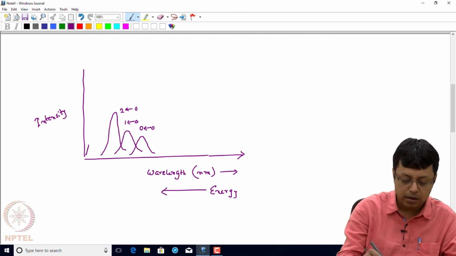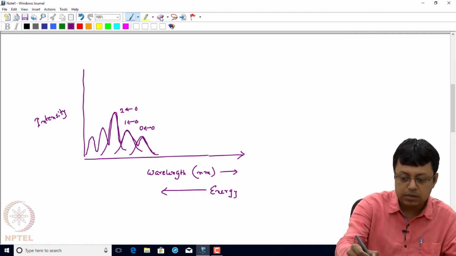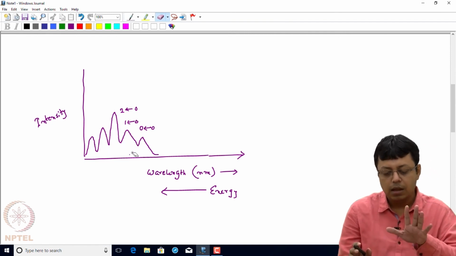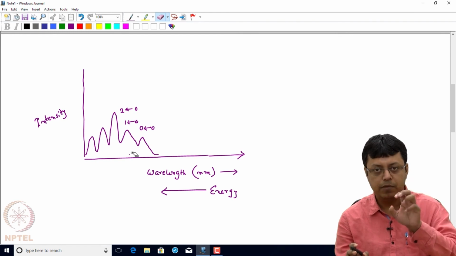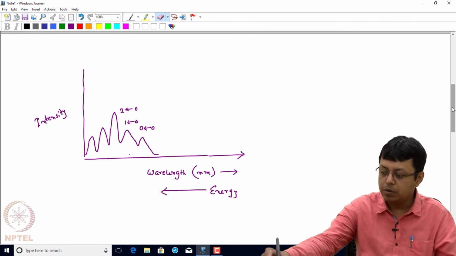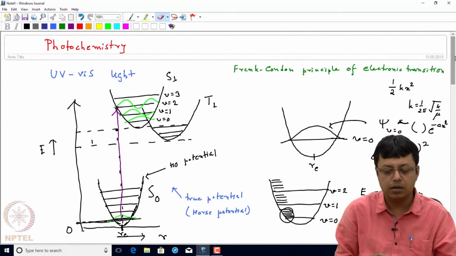So it will have a structure like this, and it's a very characteristic vibrational spectrum for the molecule that we have drawn. Now you think about what will be the emission spectrum, or the fluorescence, for this molecule.